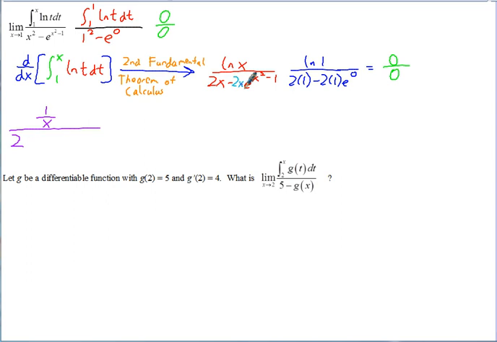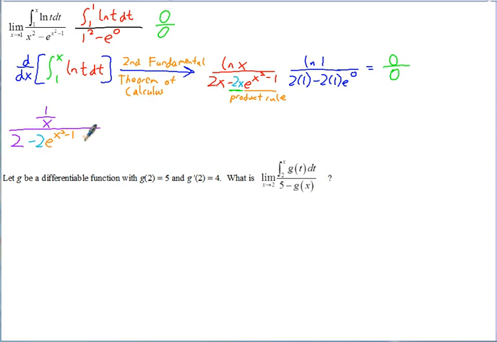But then when you take the derivative of negative 2x times e to the x squared minus 1, overall there we have to use the product rule. If we treat the first function as negative 2x, the derivative of negative 2x is negative 2 times the second one, e to the x squared minus 1 as it is.